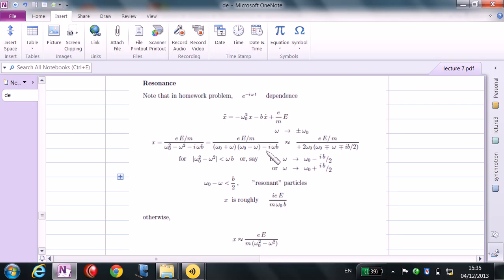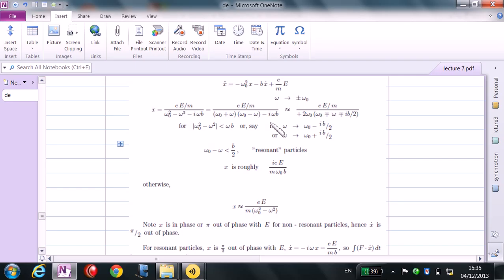I'm sure you've all done this as undergraduates. No? It's not contour integrals. It's just inserting this dependence into here and solving. You should do it in physics 3.